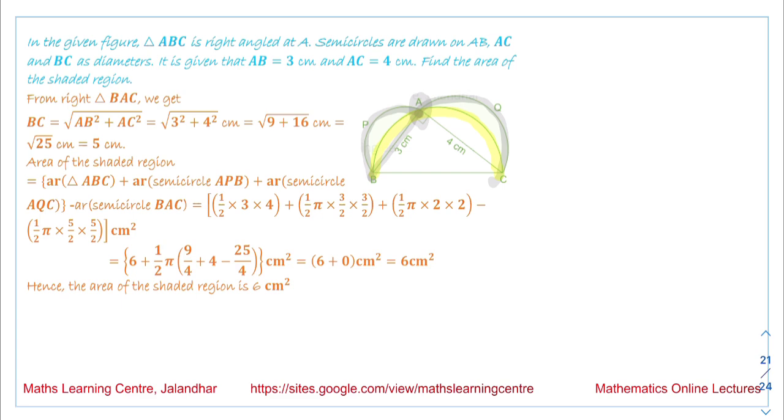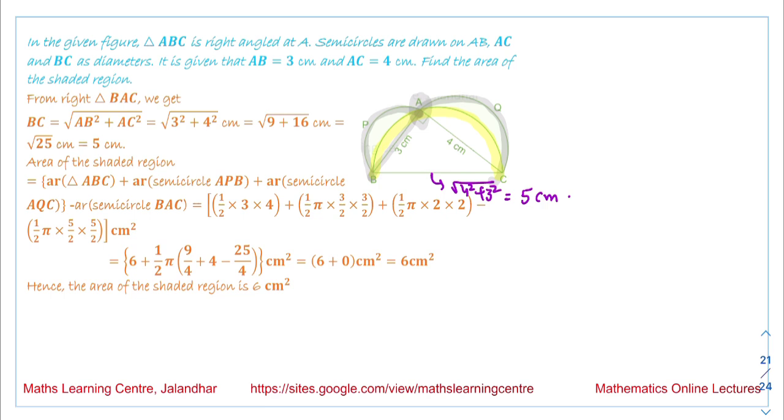It is given that the length AB is 3 cm and AC is 4 cm. So this length BC will be square root of 4 square plus 3 square, and it comes out to be 5 cm. We have to find the area of the shaded portion.